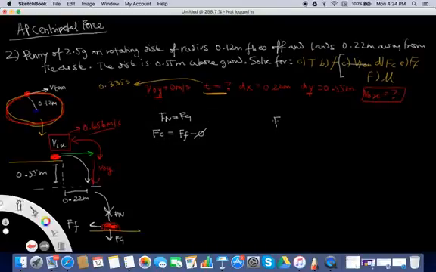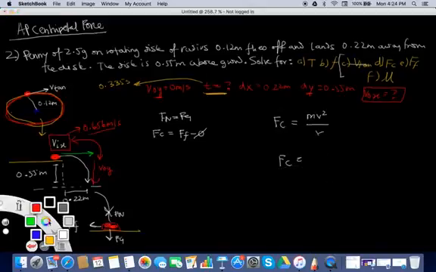We know that our centripetal force is equal to mv squared over r. It's equal to mass times our tangential velocity squared over r. So we can just plug in the values that we're given. We know that it has a mass of 2.5 grams. We can't really use grams; we have to use kilograms when it comes to physics.